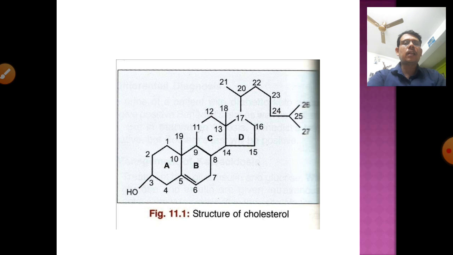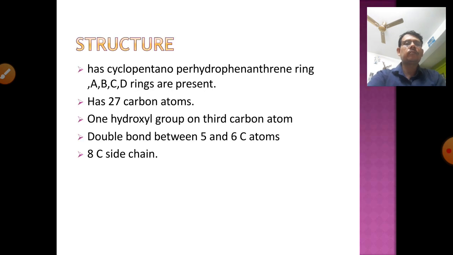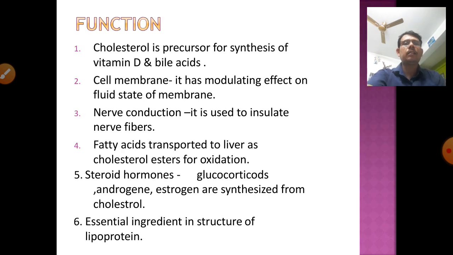This is the structure of cholesterol: it has the cyclopentanoperhydrophenanthrene ring, 27 carbon atoms, one hydroxyl group at the third position, a double bond between carbons 5 and 6, and 8 carbons in the side chain.